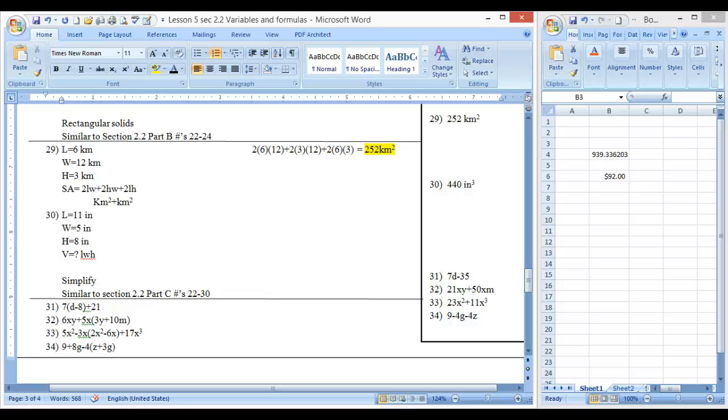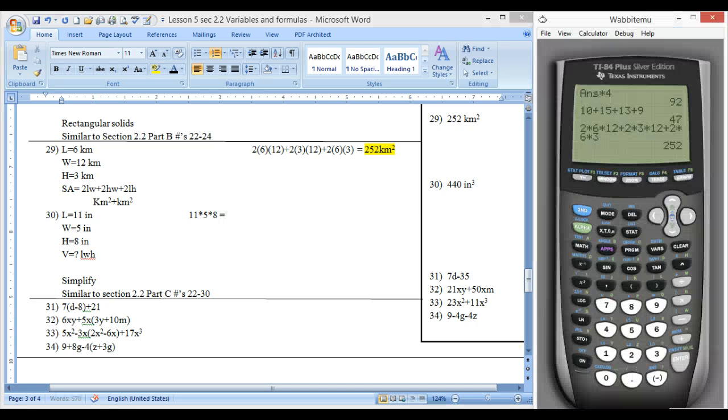Let's do length, which is 11, times width is 5, times height is 8. Oops. Multiply that together. Bring it up here. 11 times 40, which should give me 440. There we go.